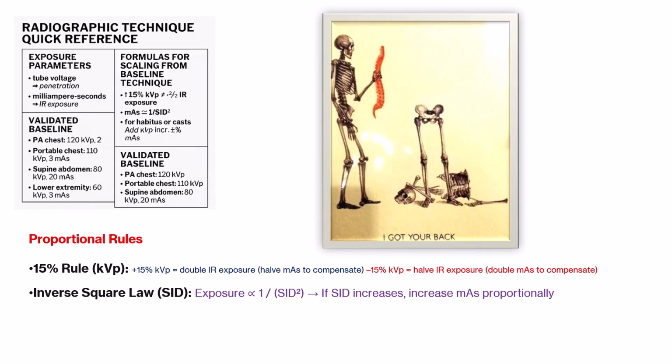That's not true with DR. Now, we need to have a formula for scaling from a baseline technique to an exposure. To do that, again, we need a validated baseline technique.